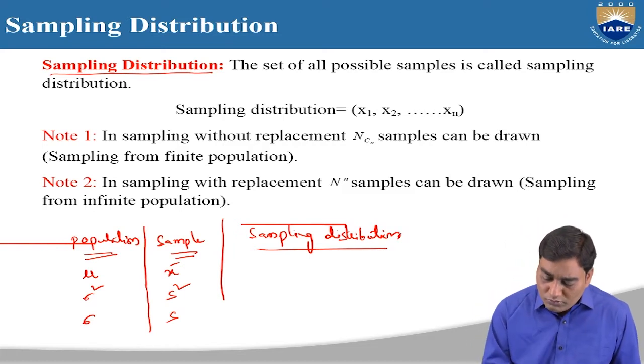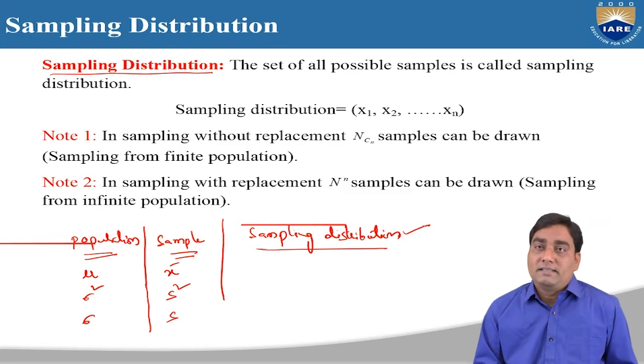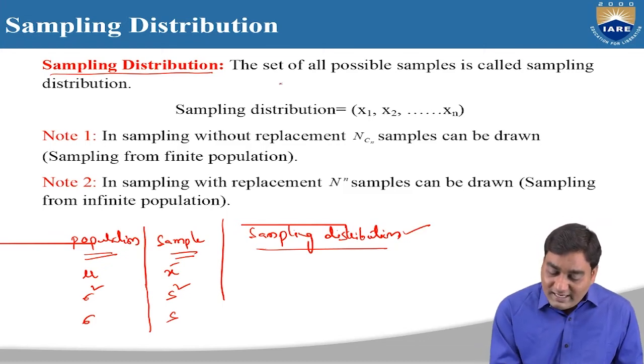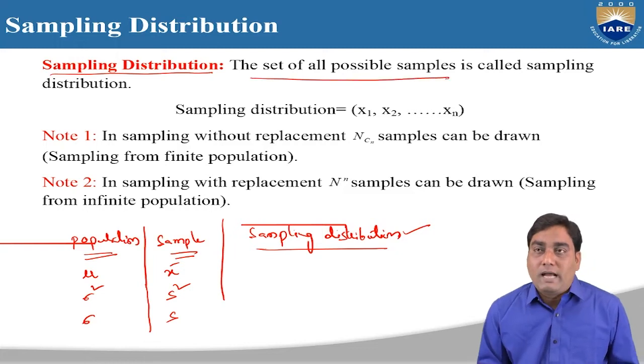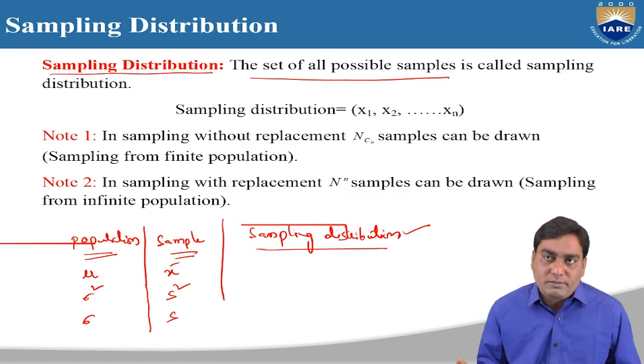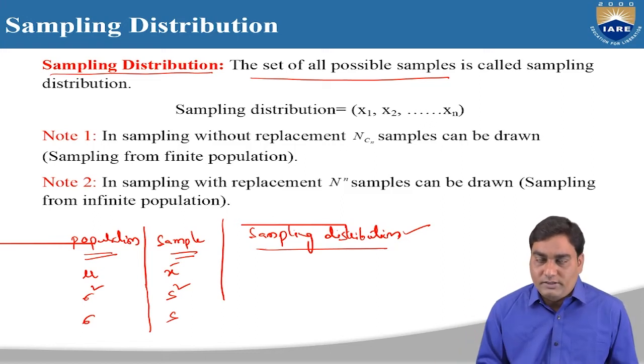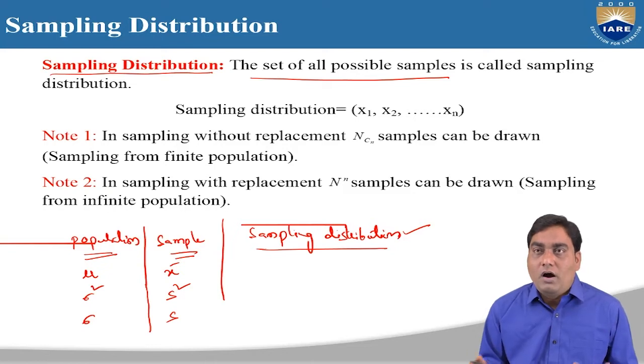First, we have to discuss sampling distribution. What is sampling distribution? The set of all possible samples from the population is called sampling distribution.